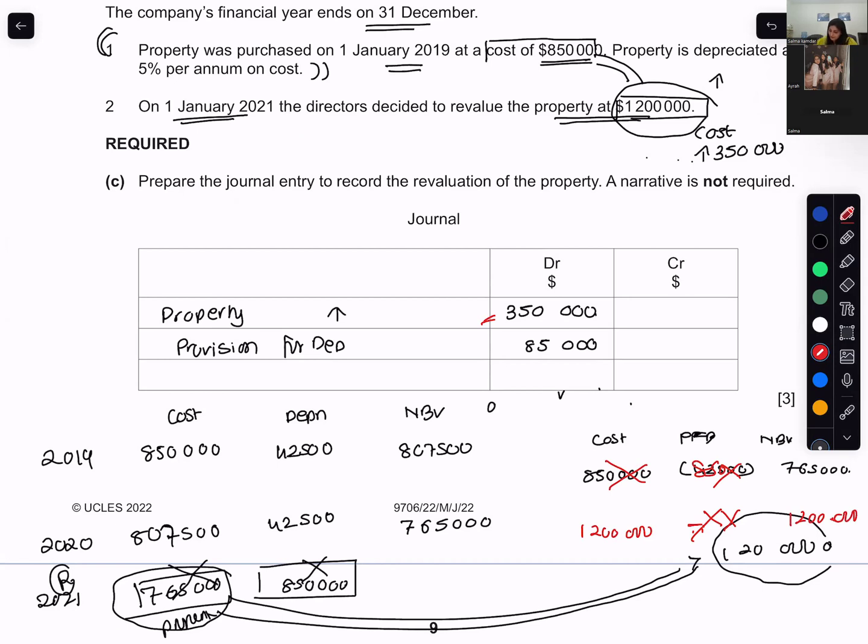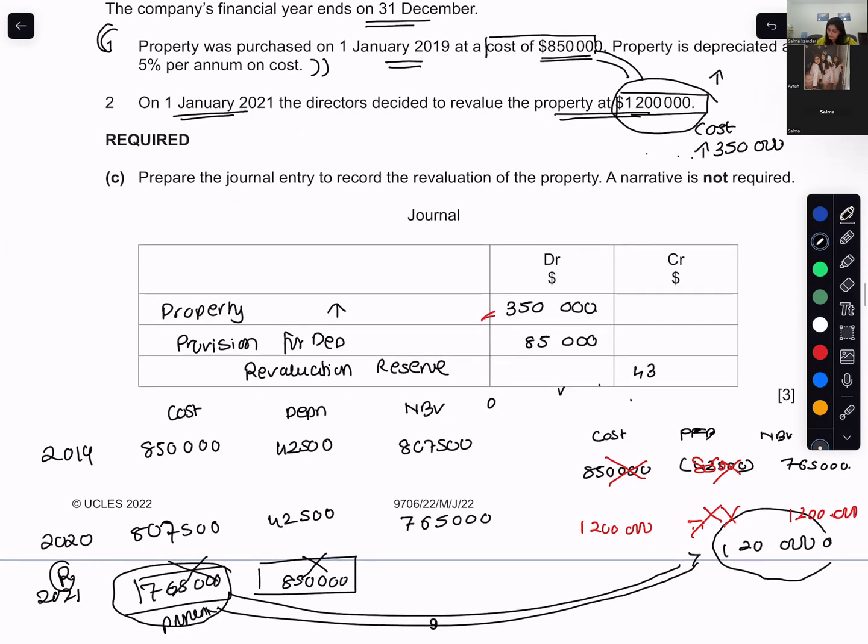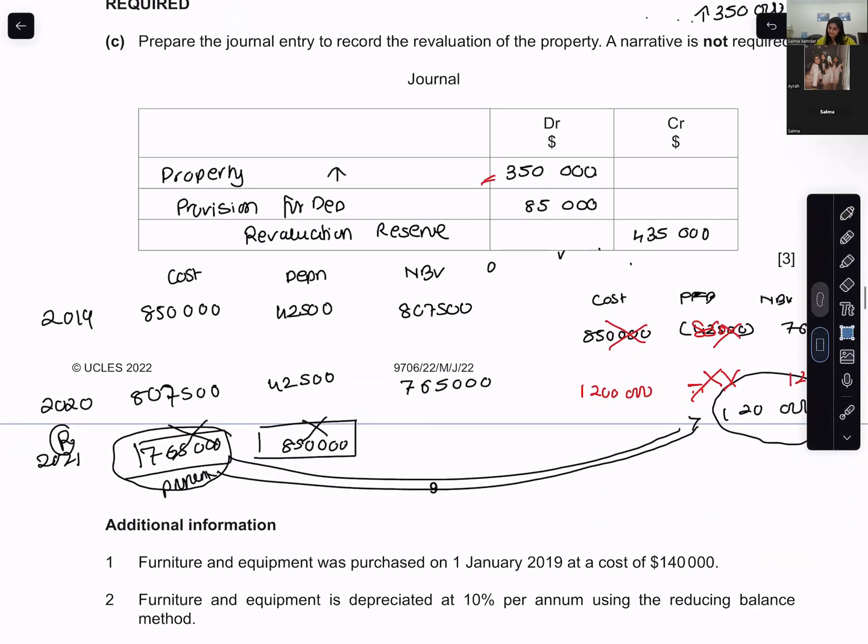And the revaluation reserve would be credited by how much? 435,000. Are you with me?